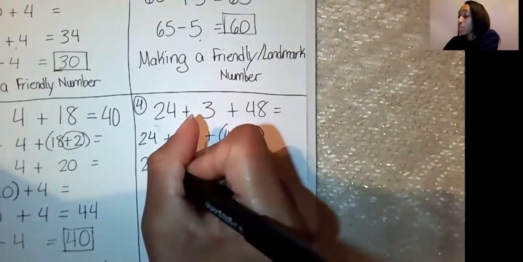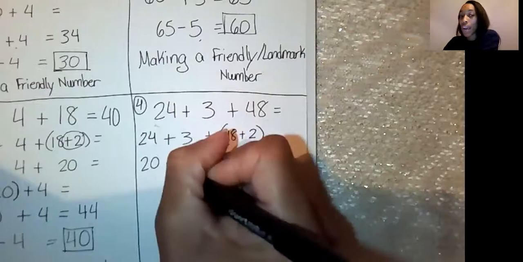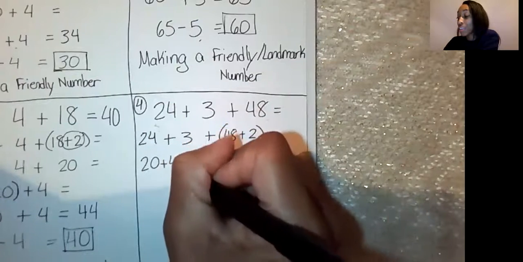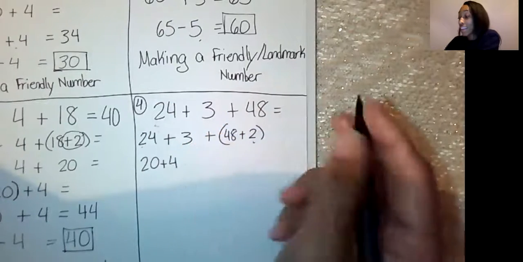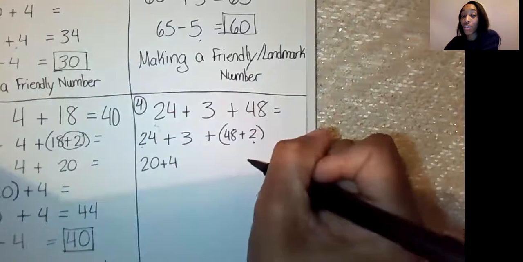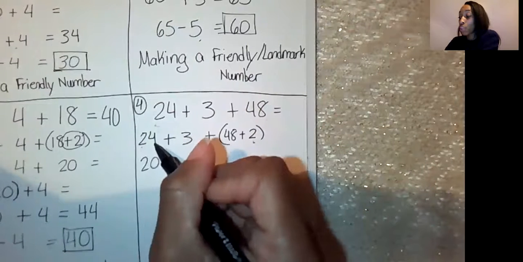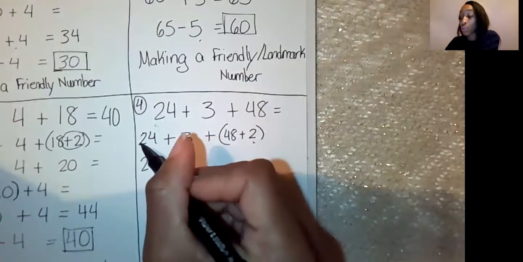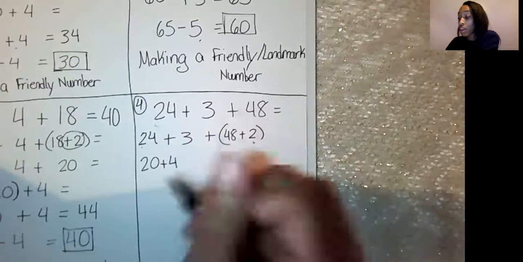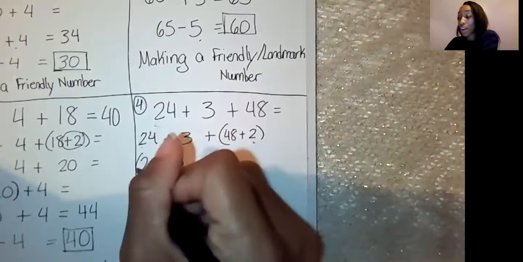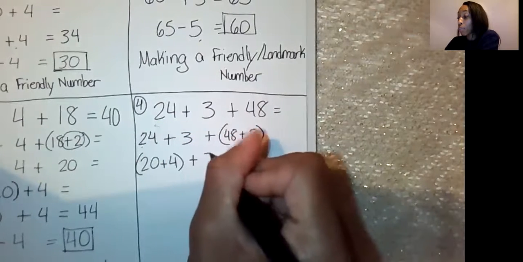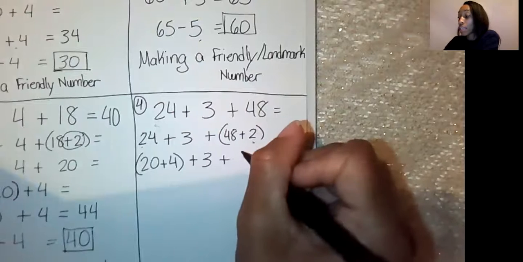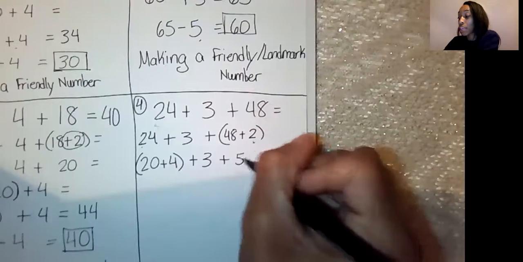So now I'm going to separate 24 out because I know there's 10s in there, and I know that this is going to give me some 10s also. So 24 is 20 plus 4, which is the same thing as 2 10s and 4 1s. So all I did was stretch that out. Then I have plus 3 plus 48 plus 2 gives me 50.